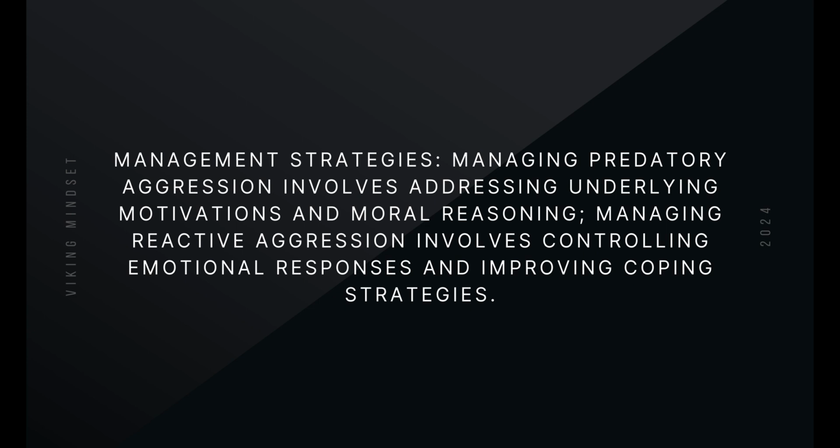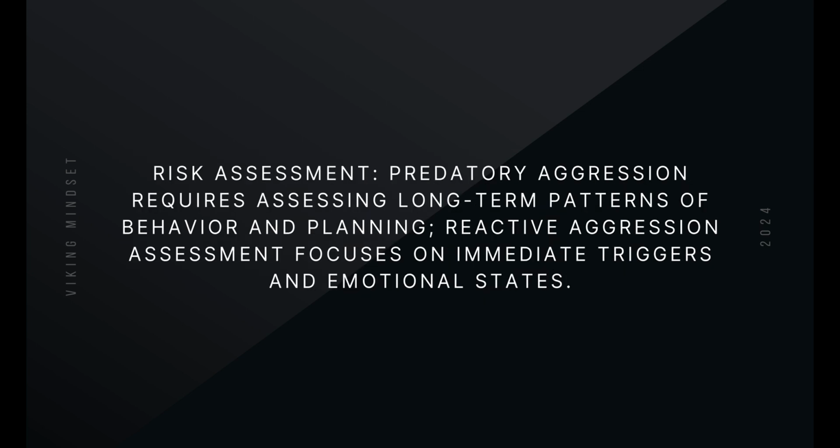Management strategies. Managing predatory aggression involves addressing underlying motivations and moral reasoning. Managing reactive aggression involves controlling emotional responses and improving coping strategies. Now, psychopaths are good at risk assessment.